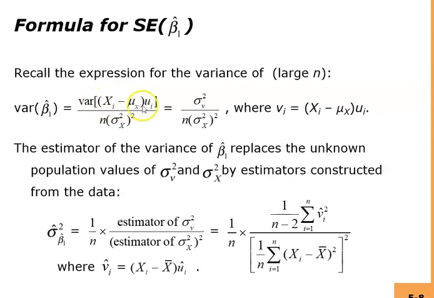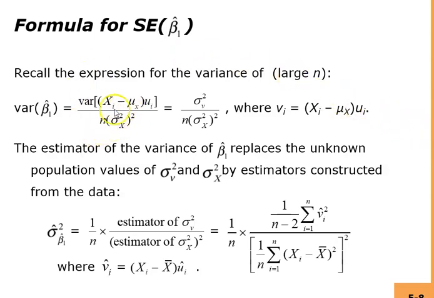If you expand this term in the numerator, you can get the variance of u multiplied by the variance of xi minus mu x. The variance of ui, the variance of the error term or the residual, is in the numerator, which essentially means that a higher variance of the error term will lead to a higher variance in beta 1 hat. That makes sense, because if there are huge differences between the estimated and the actual y's, it would mean that there's high variance in our estimator beta 1 hat.